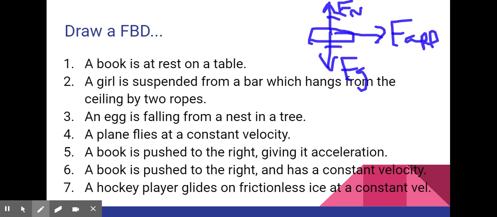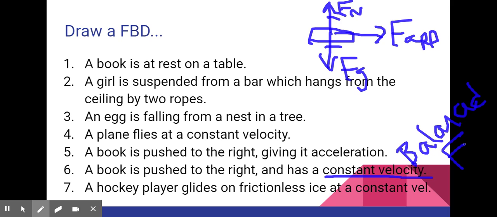Well, we have a push, so there's definitely still a rightward force. But if it's moving at a constant velocity, we have balanced forces, which means that there has to be some equal opposite force going back. And typically in a case like this, it would be our frictional force.